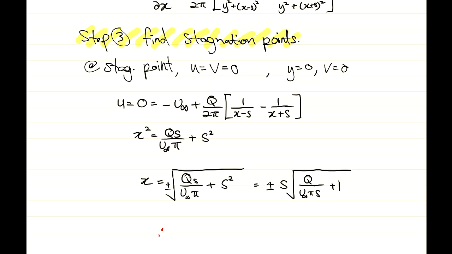Okay, so therefore, I know my stagnation points are located at plus minus s square root of 1 plus q over u infinity pi s, and y is just located at 0.